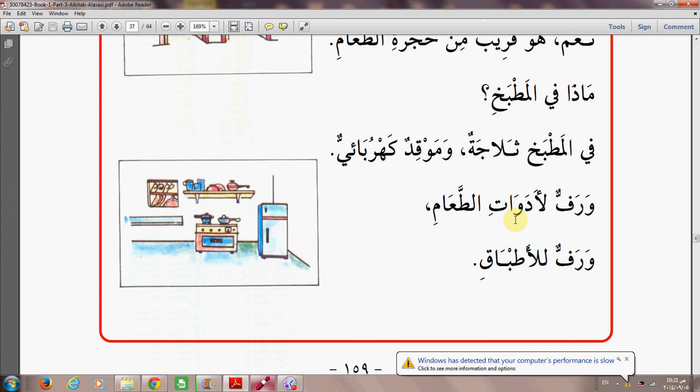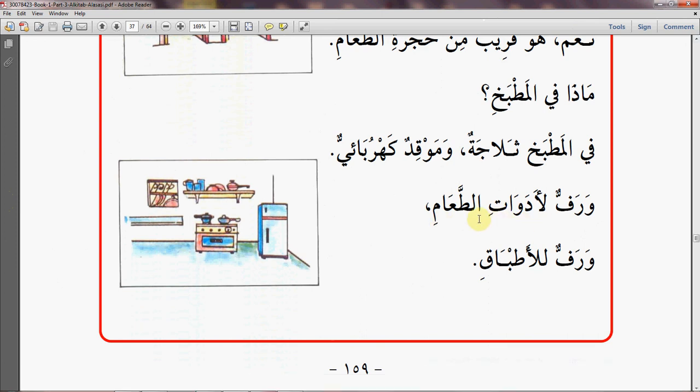ورف لأدوات الطعام, and a shelf for the food tools. What does أدوات الطعام mean? Look here, لام is the حرف جر, do you remember? For, like للبيت. This is لأدوات الطعام, for the food tools.